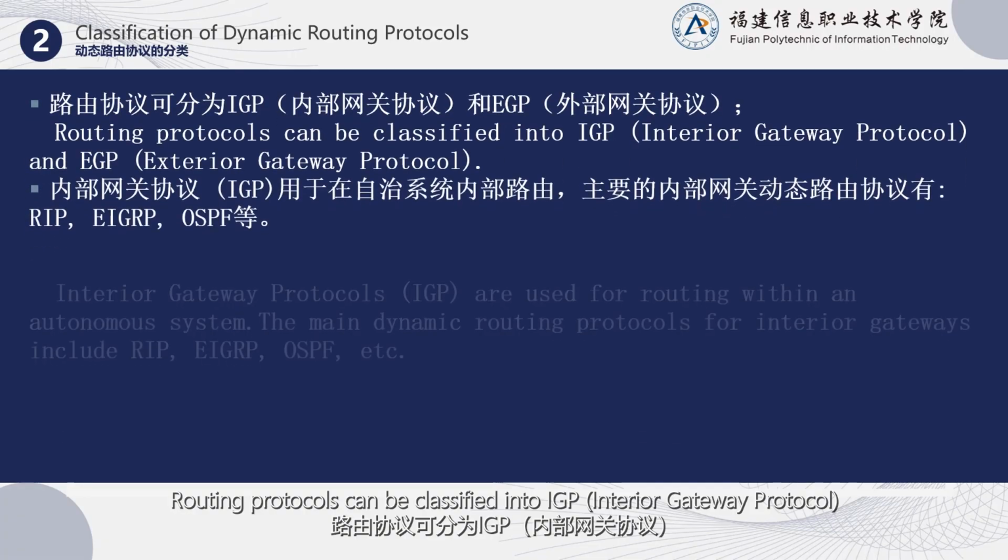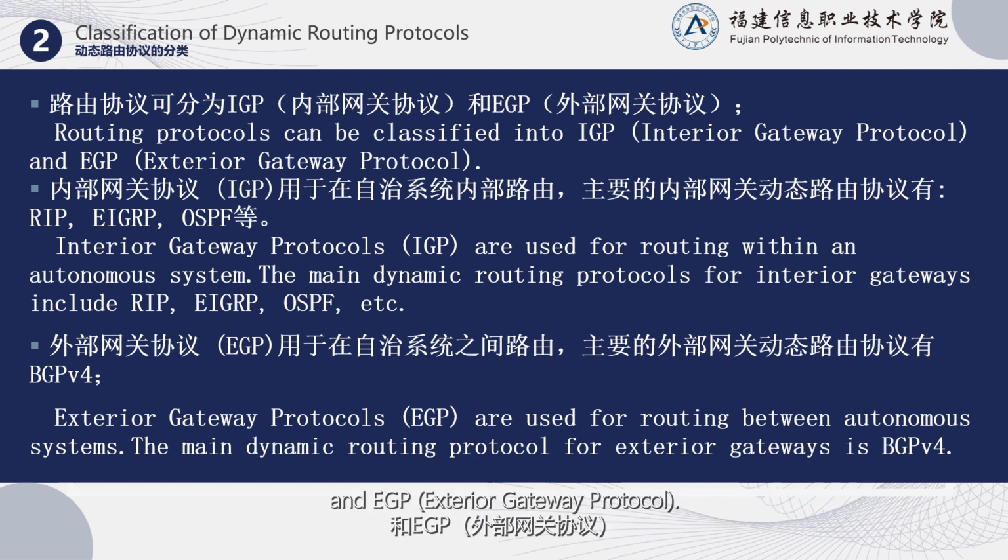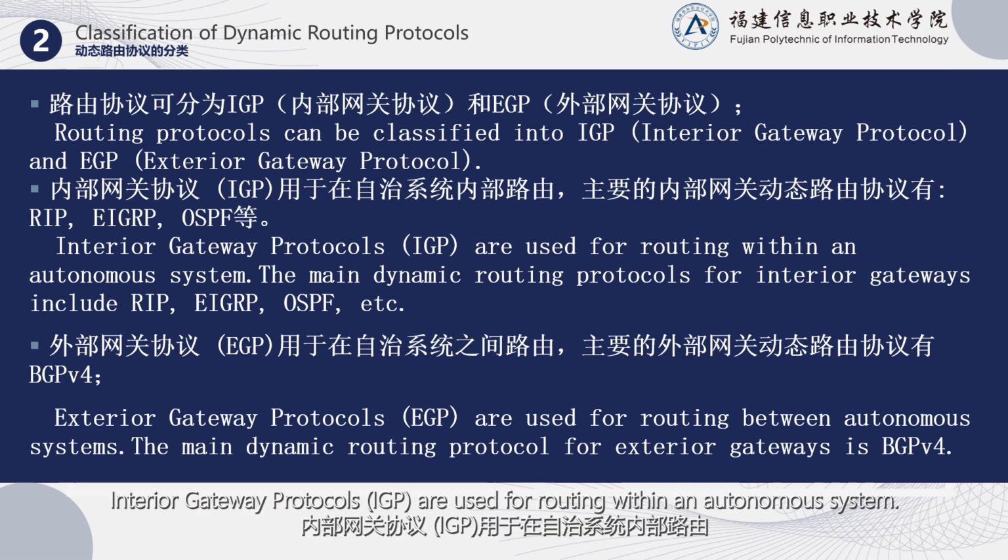Routing protocols can be classified into IGP, Interior Gateway Protocol, and EGP, Exterior Gateway Protocol. Interior Gateway Protocols, IGP, are used for routing within an autonomous system.